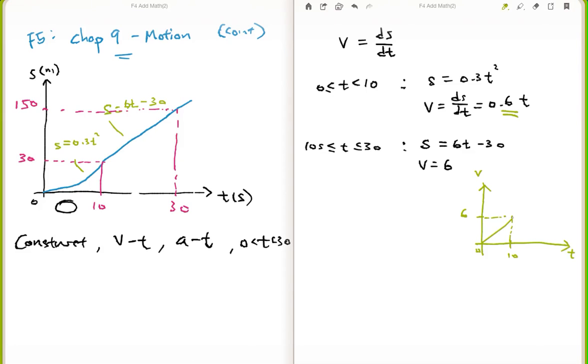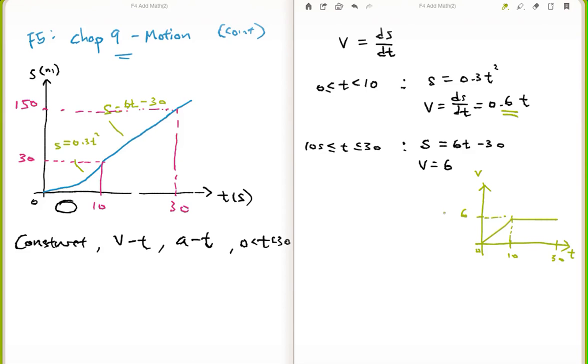When t is 10 to 30, it is a constant number 6, so it will be a horizontal line at 6.